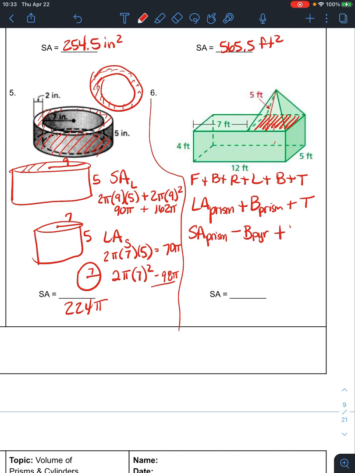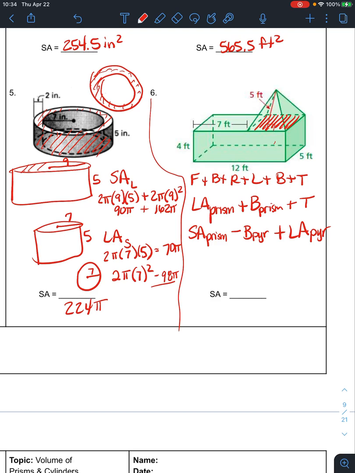And then I added the lateral area of the pyramid. I think that's easier to keep up with, as far as not having a bunch of different options of things to look at. But you can always fall back on just going back to your regular rectangles and adding them all up. It's just more to keep up with.